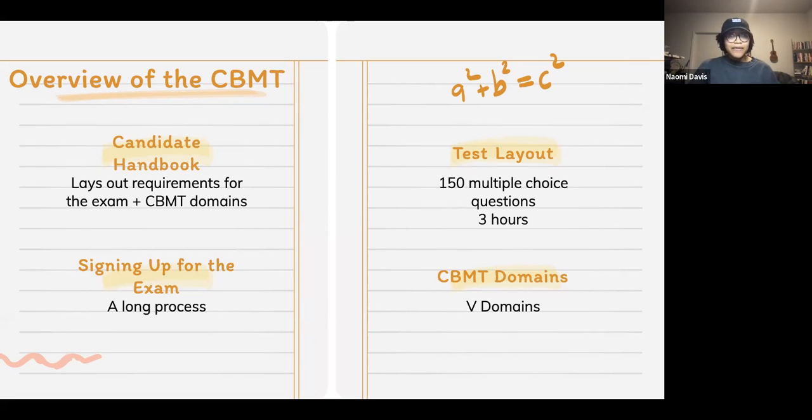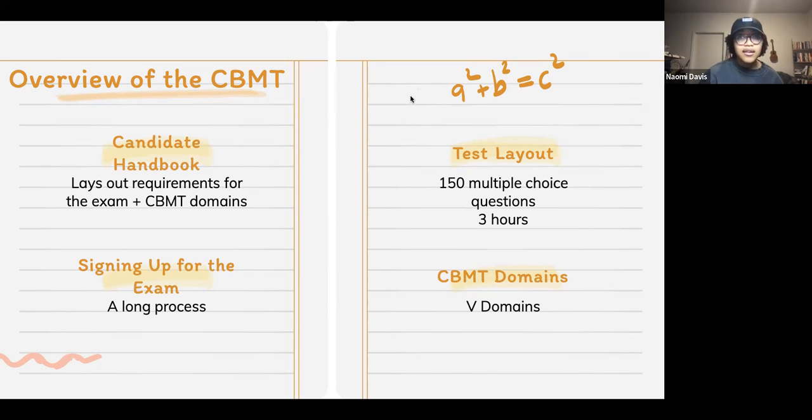And then the next logistical thing that I want to mention, the next two things are our test layout and our CBMT domains. So the test is made up of 150 multiple choice questions.